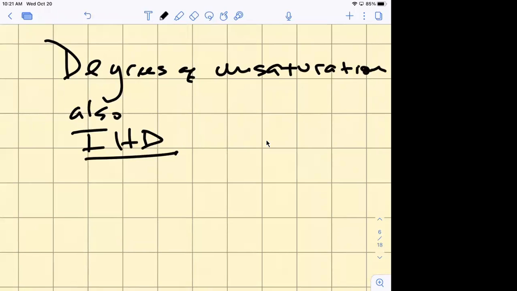Right, IHD, index of hydrogen deficiency.